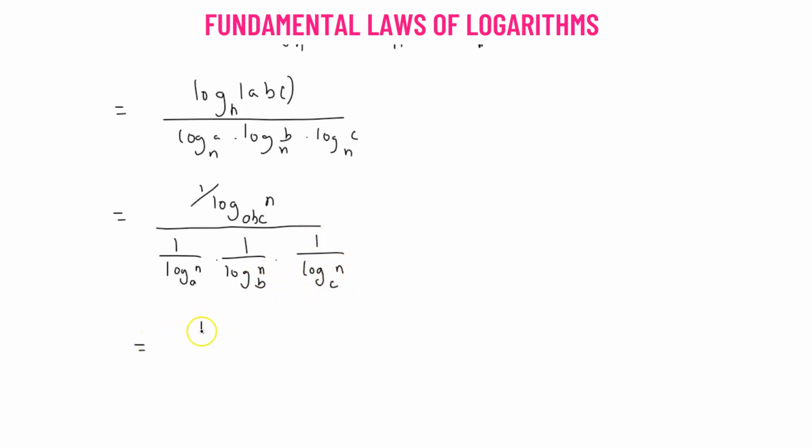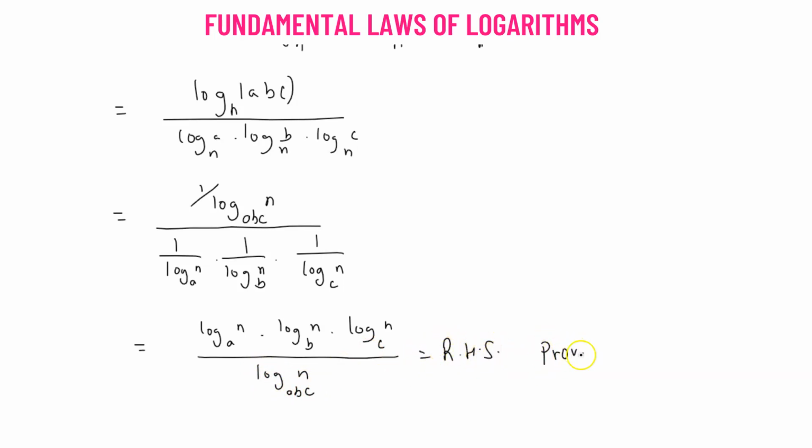Or simply put, it will be log of n with the base of a times log of n with the base of b times log of n with the base of c divided by log of n with the base of abc, and this is the right hand side. So we have successfully proved our problem.